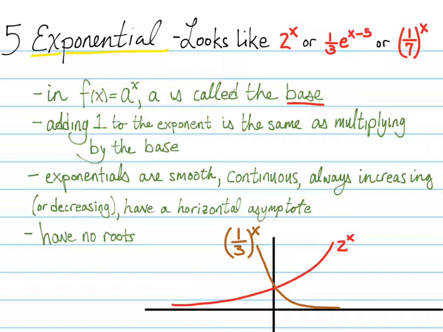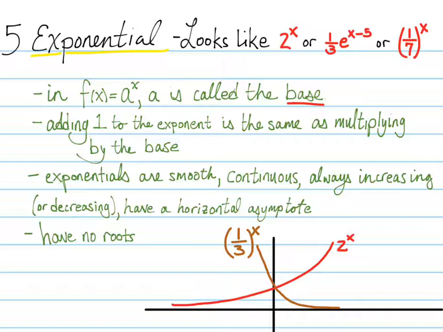Right? We said with rational functions, if one side has a horizontal asymptote, the other side has one. Here, it has it only in one direction, either out to the left or out to the right, but not both. And the exponential function doesn't have any roots. There's no value of x, so that 2 to the x is 0.